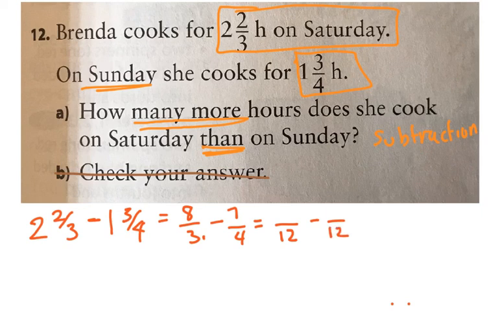Okay. What do you multiply 3 by to get 12? Well, you multiply it by 4. So what I do to the bottom, I do to the top. 4 times 8 is 32. Okay. And then on the other one, we multiplied by 3 to get 12. 3 times 7 is 21.